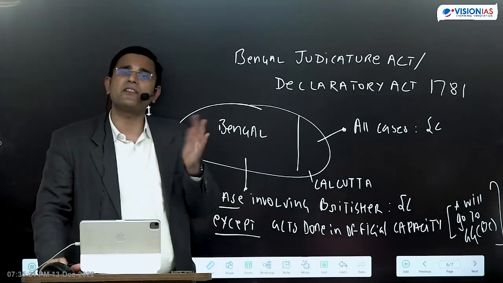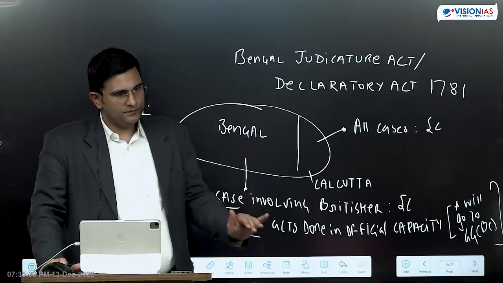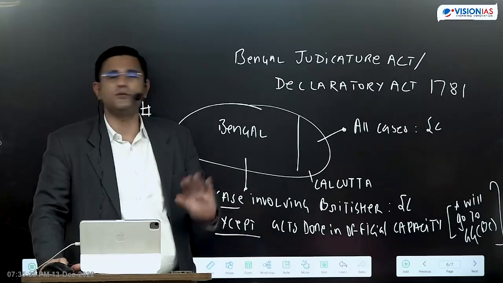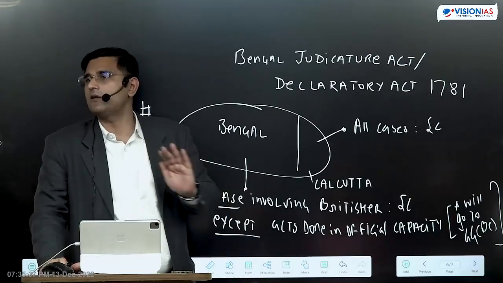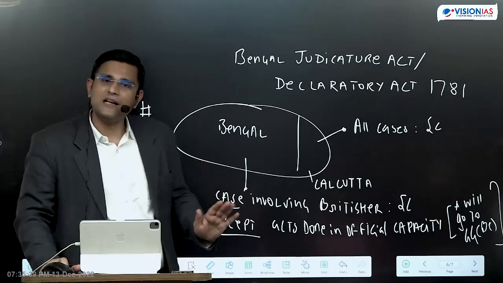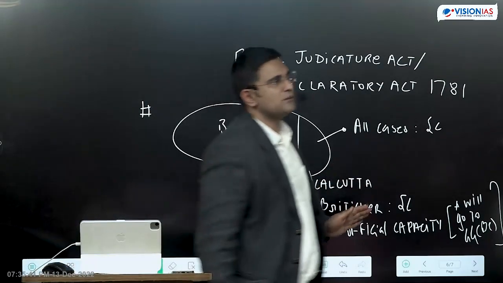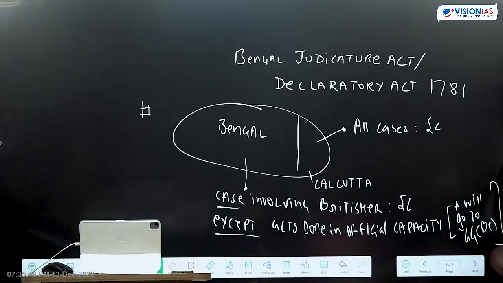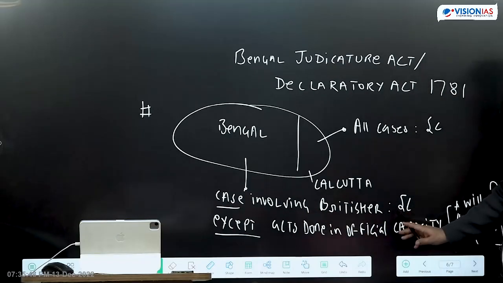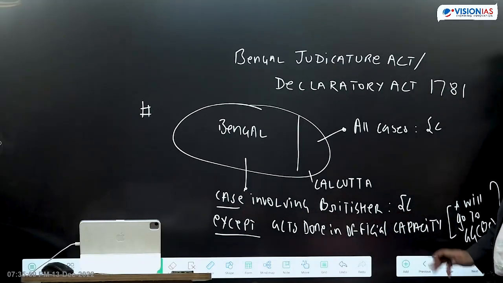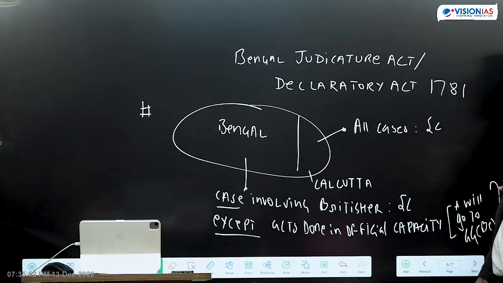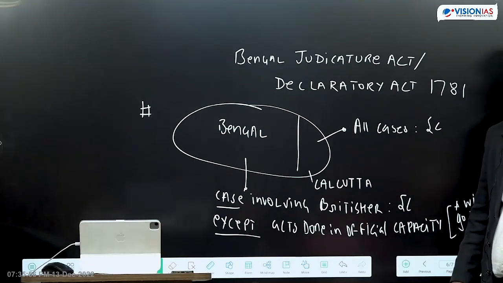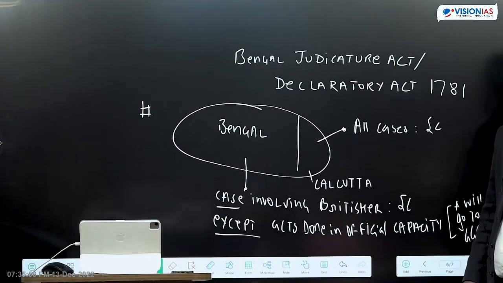But in my personal capacity, after my job, I have some personal dispute and I am involved in some case, then that will be heard by Supreme Court at Calcutta. Right? So therefore, any case which involves a Firangi will go to Supreme Court of Calcutta except where the Firangi acted on his duty.